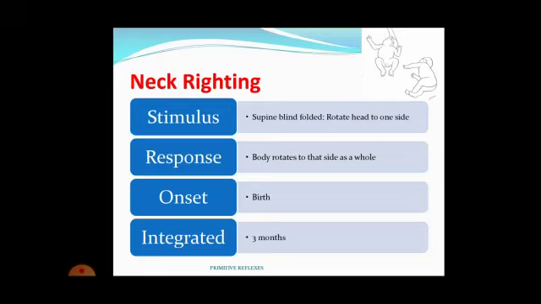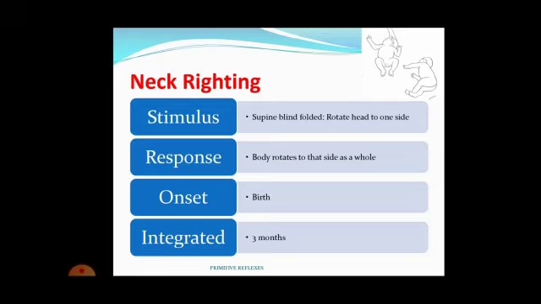So the same is checked here. This is segmental rotation. It is known as righting reflex. Clear? So for neck righting, what we have to see: whenever we give a stimulus to the child in supine lying, blindfolded means the child's eyes will be covered. So when the child is in supine lying with eyes covered, rotate the child's head to any one side. Clear? What will be the response?